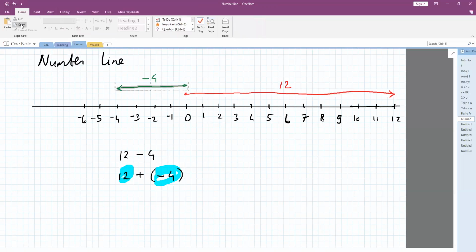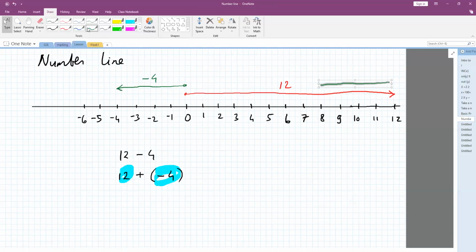Basically, I have the first one, the red one, 12, to the right, and then after that I have another arrow which is to the left, because it's minus.